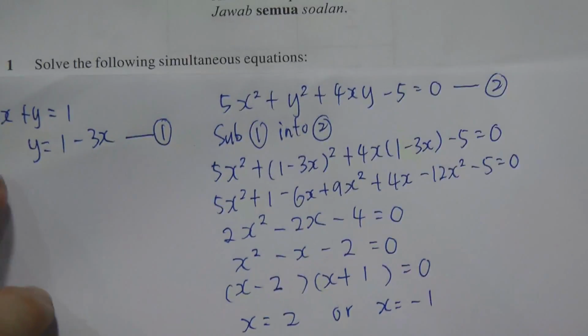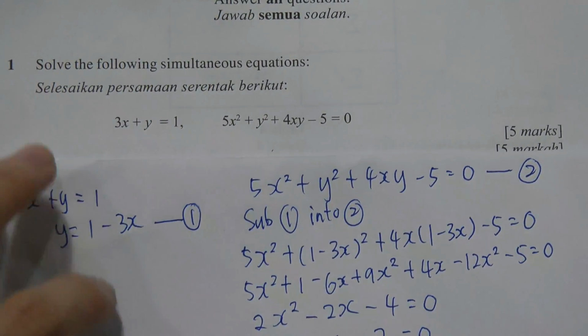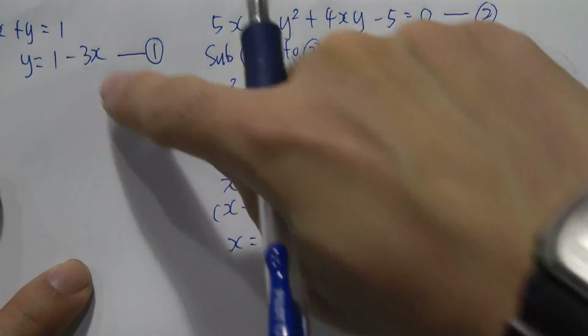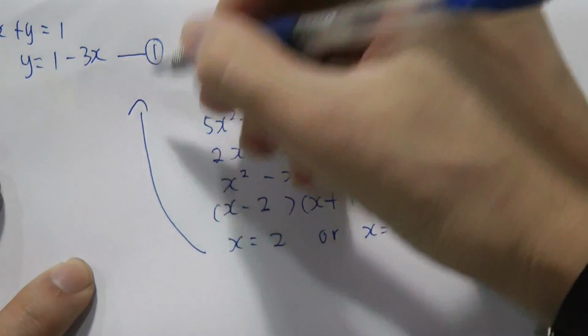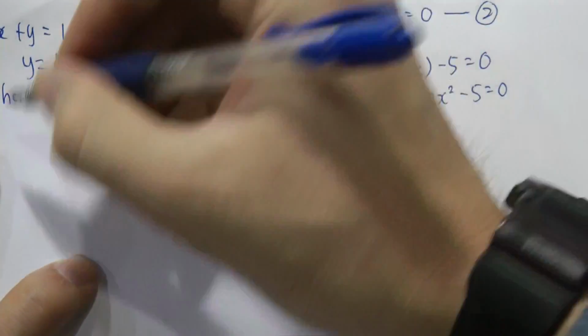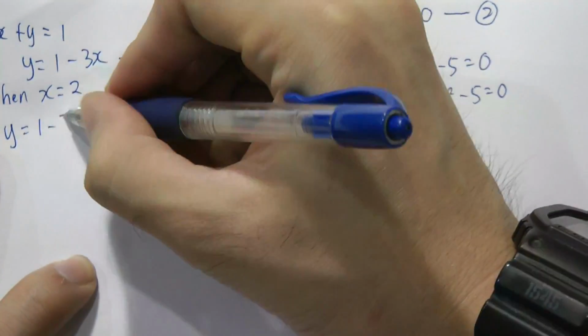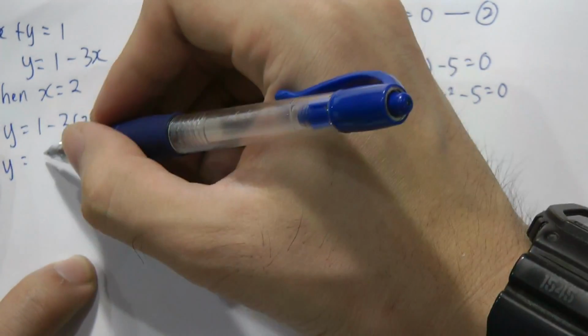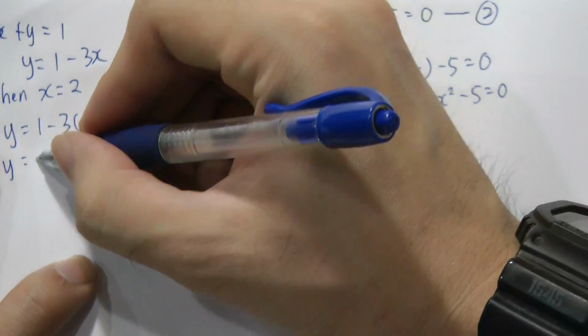Because they asked you to solve the equation, you need to find the x value and the y value. So after you got this, you substitute back to find y. When x equals 2, y equals 1 minus 3 times 2, which is 1 minus 6, so negative 5.